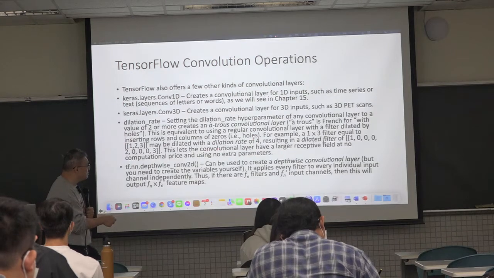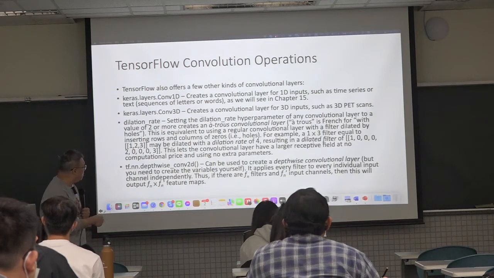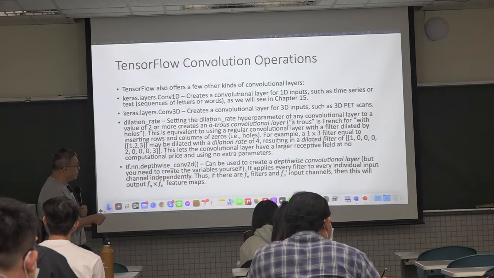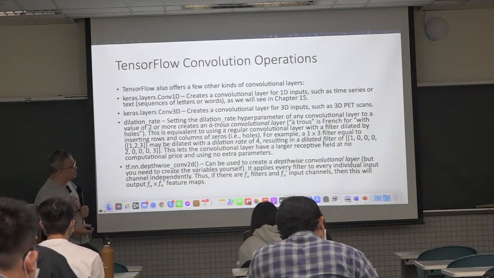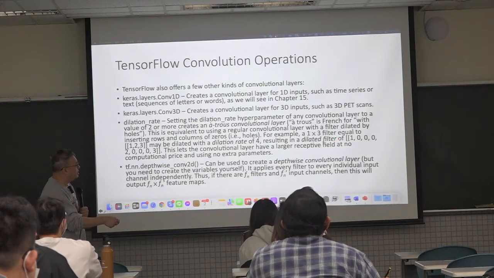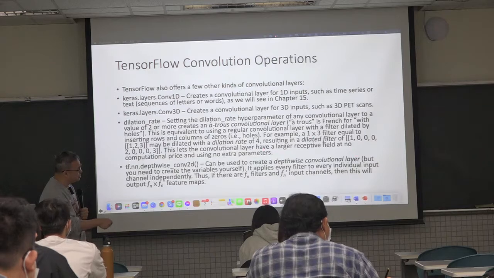This lets the convolution layer have a larger receptive field at no computational price and use no extra parameters. It works similar to the transpose convolution layer, but it is for a different purpose, because it tries to ensure you have a larger receptive field.